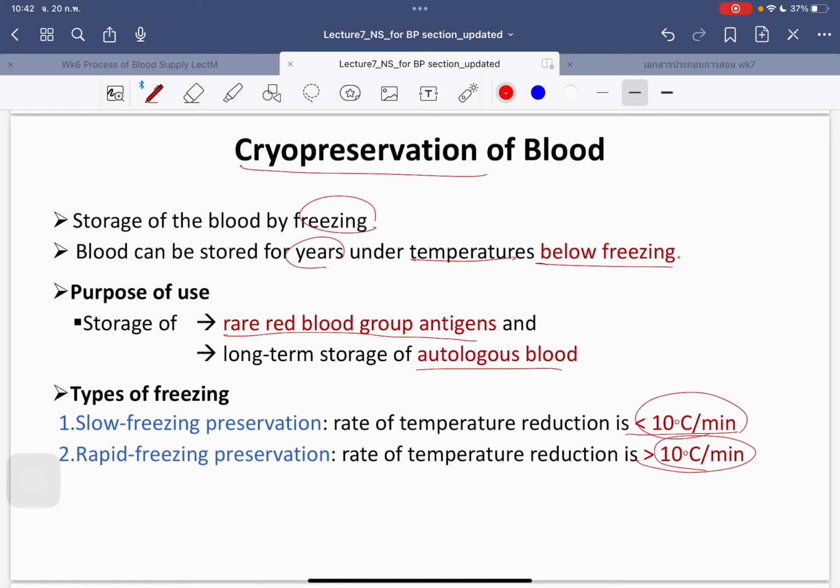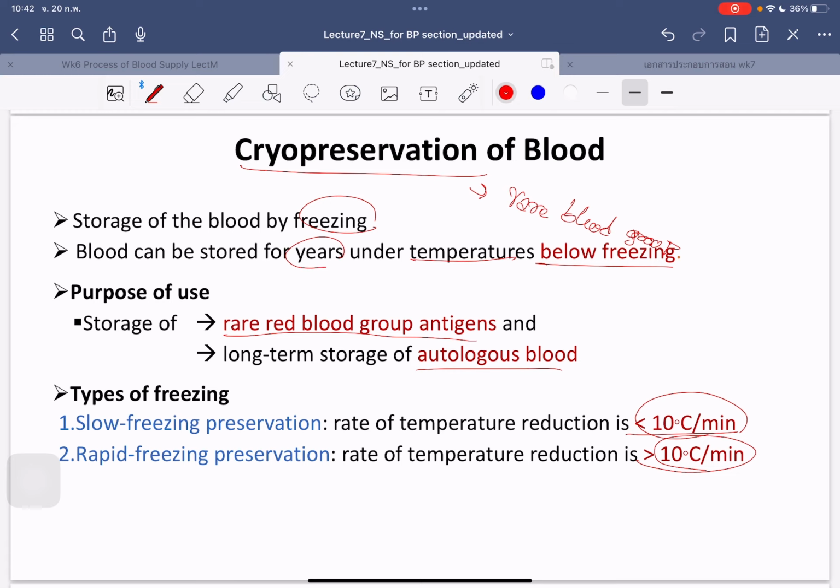I already gave you an example earlier. Can you give me other examples? Bombay. Okay. Another one? H negative. It's difficult to find, but it's not that common. Rh null.